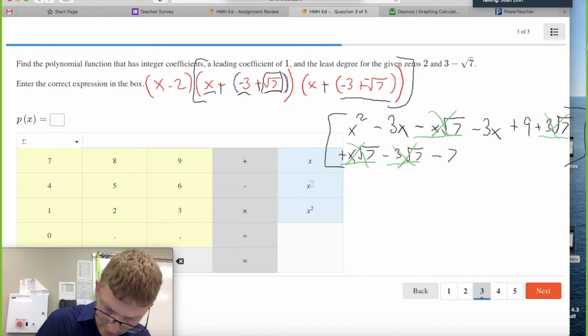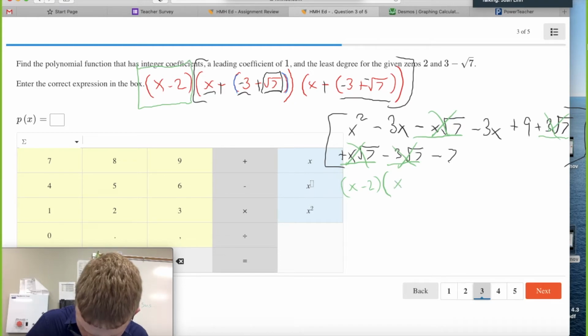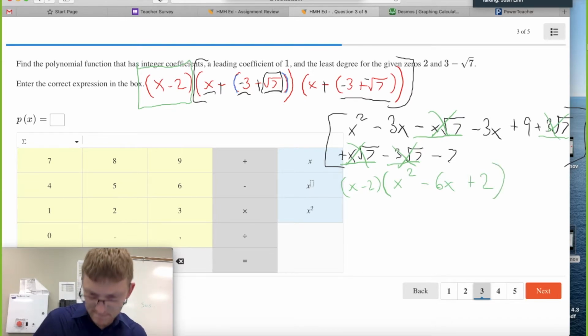So what we have left over, and I'm just going to go ahead and bring our x minus 2 down. But what we have left over, x squared minus 6x plus 2. Okay?